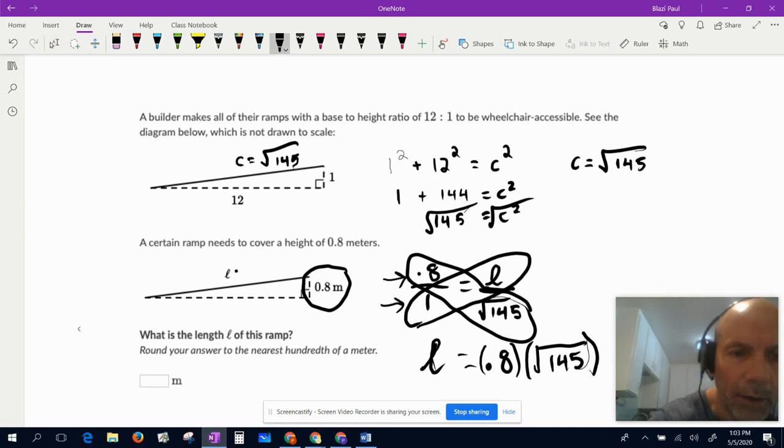So my L here is 9.63 meters. Okay? That looks right. 9.63 meters.